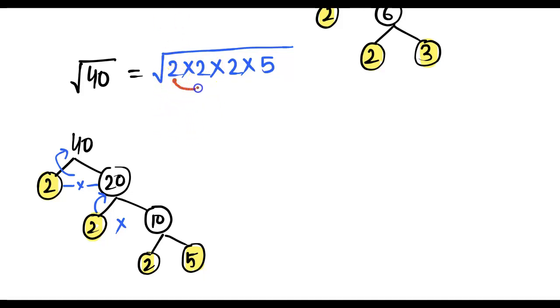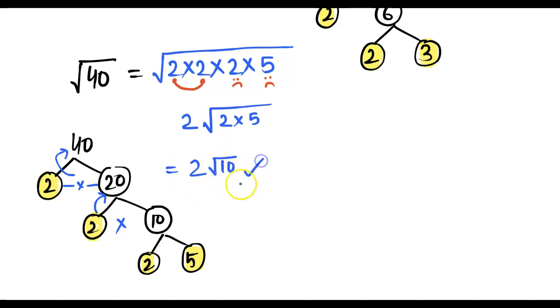So we have a pair of 2, but the other 2 is alone. Same for 5. So we can take the one that is in pair outside, but we will be left with 2 and 5 that are unpaired. So you can multiply them. Your final answer is going to be 2 root 10, right?